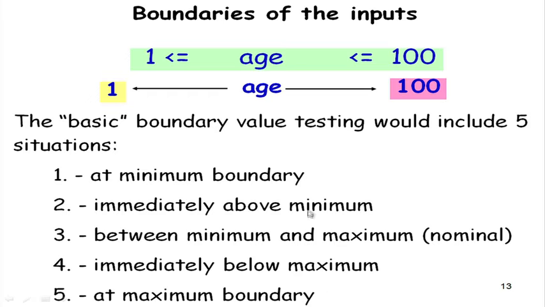And if we consider the invalid ones, we would also need to consider 101 and 0. So, that would make it 7.